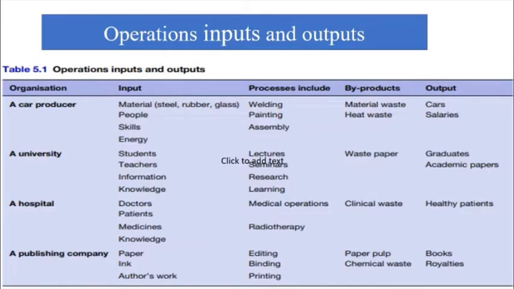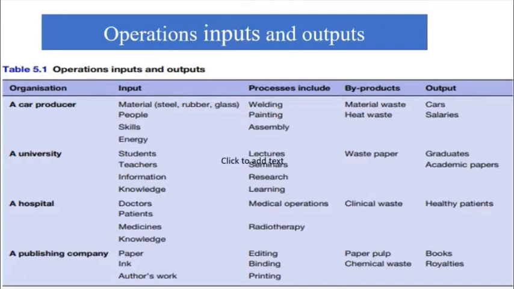For example, a car producer. A car producer's inputs are materials, people, skills, and energy. The second one is the process: you need to weld to build the car, the body of the car, and to color it with paint. And the last process is to assemble the parts.